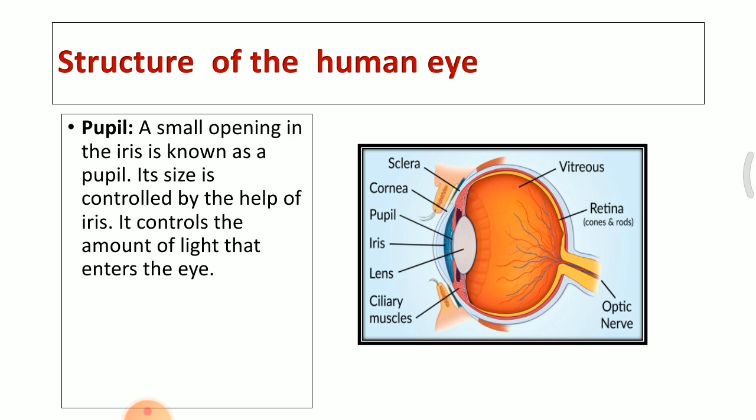It controls the amount of light that enters the eye. Where is the pupil placed? The pupil is placed in the iris. It is a very small opening. How is the size of the pupil controlled? By adjusting the iris, the size of the pupil is controlled.